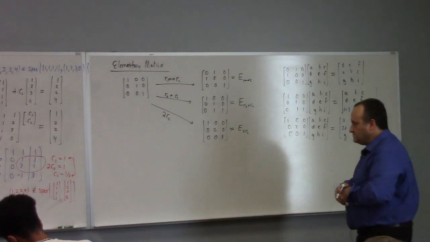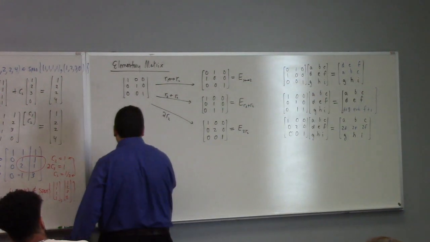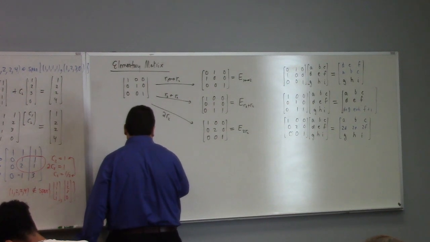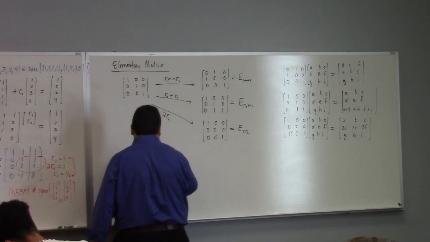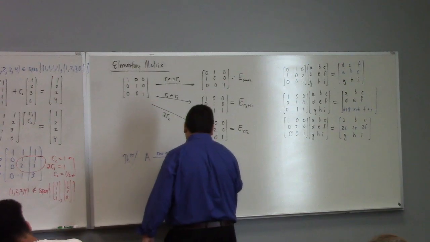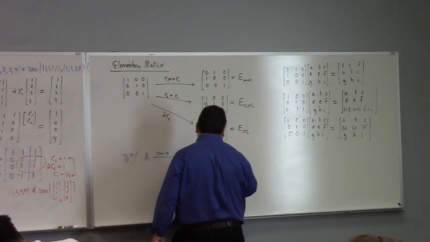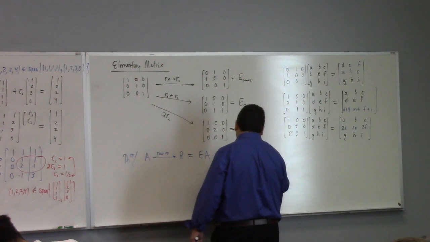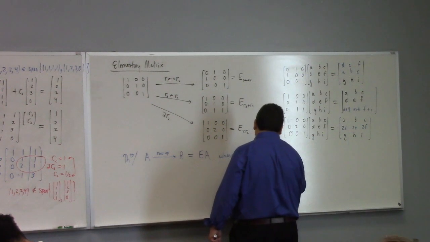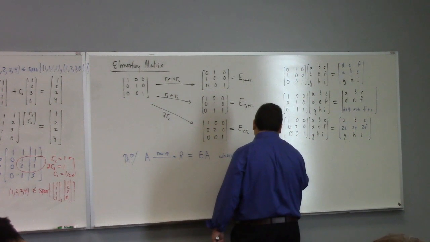In other words, theorem: A going to some row operation R is equal to E times A, where E is simply the identity with that row operation applied.